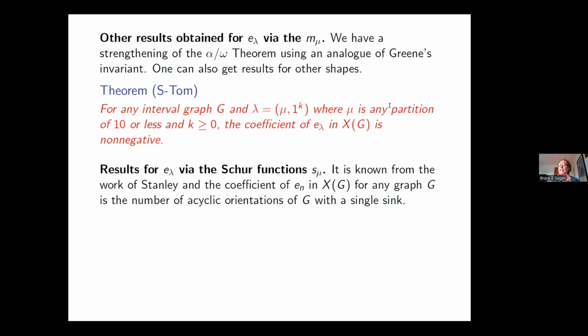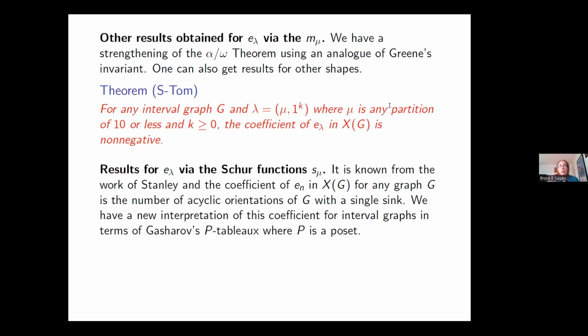if I look at the coefficient of e sub n, so a single part, a single row, in X of G for any graph G, it does not have to be an interval graph, that's just the number of acyclic orientations of G having a single sink. So obviously this is non-negative, it's counting something.